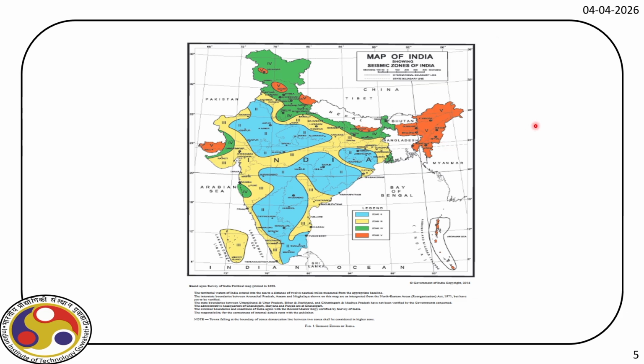Now, we'll design this building for Guwahati city, which is actually here in this red zone in the northeast region of India. And if you look at the zone marking, it comes under zone 5. So, we'll see what are the factors for zone 5, and accordingly we will consider them in our design.